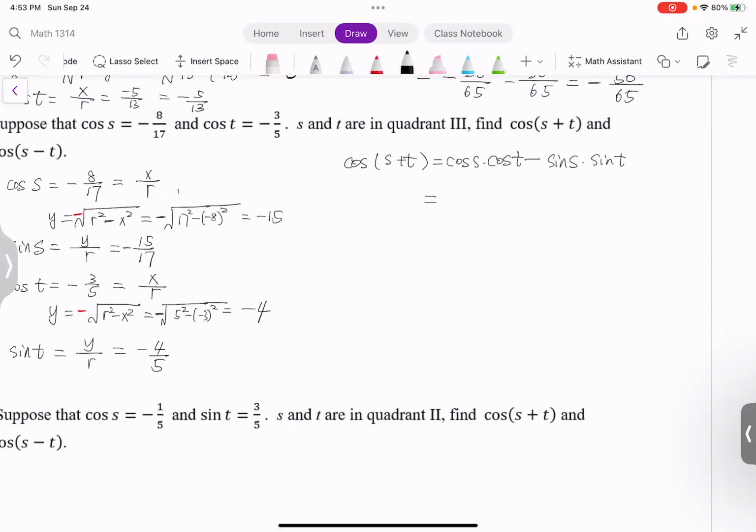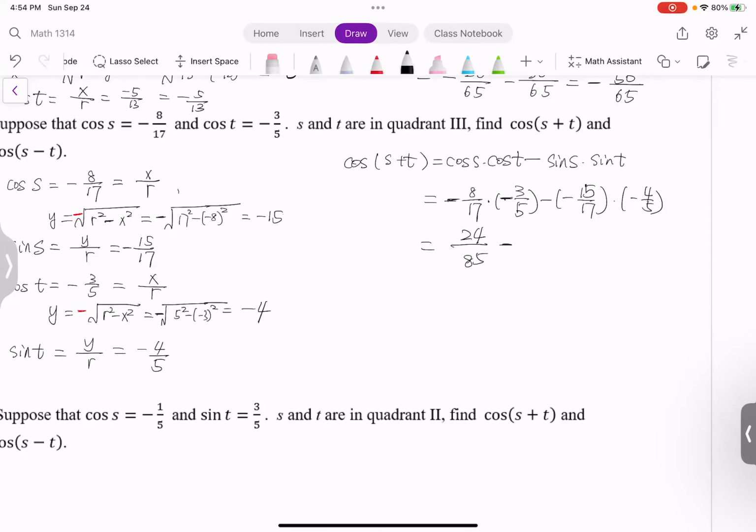So cosine s is negative 8 over 17, cosine t is negative 3 over 5, minus sine s, which is negative 15 over 17, and sine t, negative 4 over 5. Okay, so negative, negative, positive, 24, and the bottom is 85.